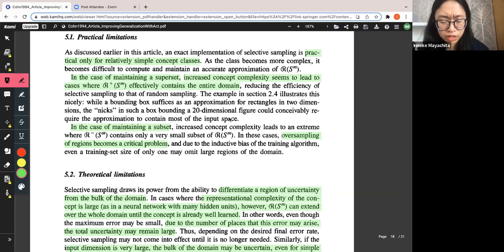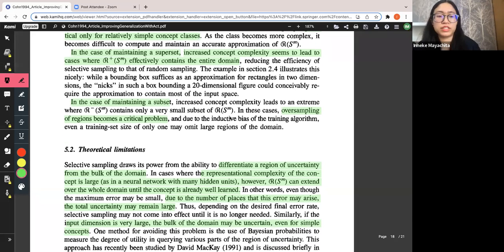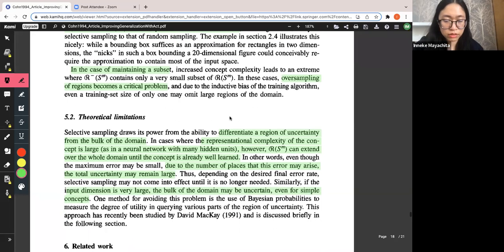Also, imagine the constraint between the subset and superset: in the subset we will have an oversampling problem, and for the superset we might have a concept that is too large that basically contains everything, not only useful examples. So when the concept classes are complicated to learn, there is a chance that the superset will just contain everything. So that's one of the limitations.